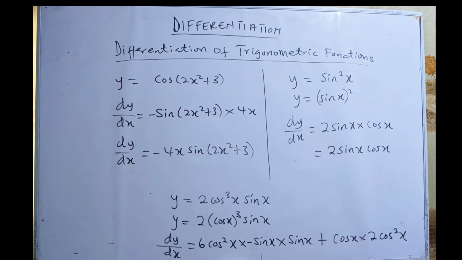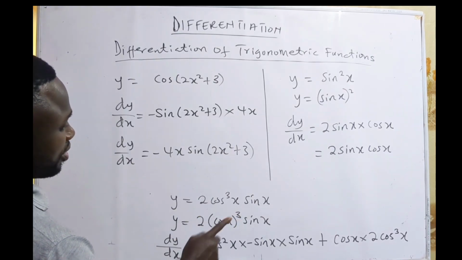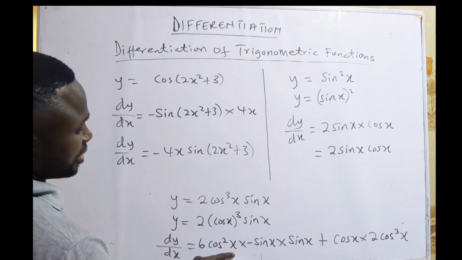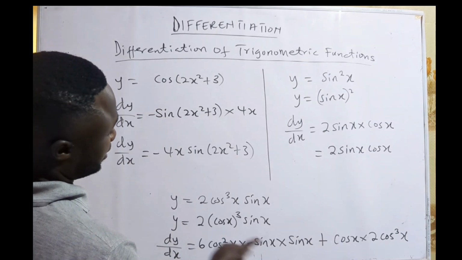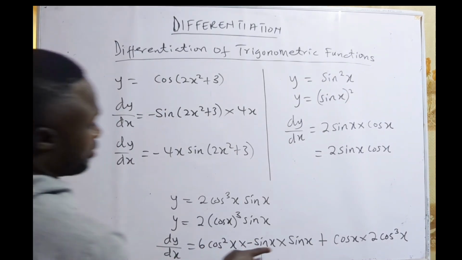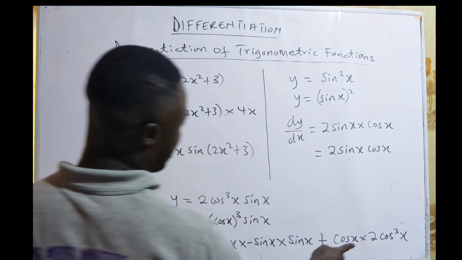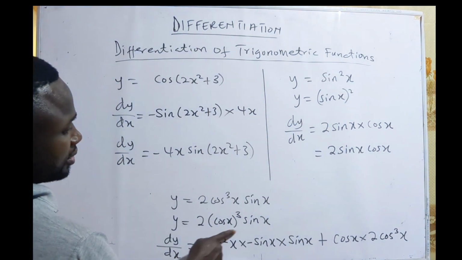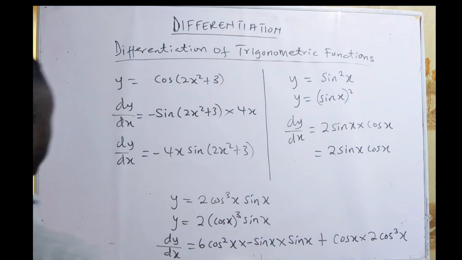I believe this is easy to understand. Differentiate this, 3 times 2 cos, then you subtract 1 to get the 2 here, times the differentiation of this, minus sine x, then you multiply by the sine x, plus, when you differentiate sine x, it will give you cos x times this one, 2.